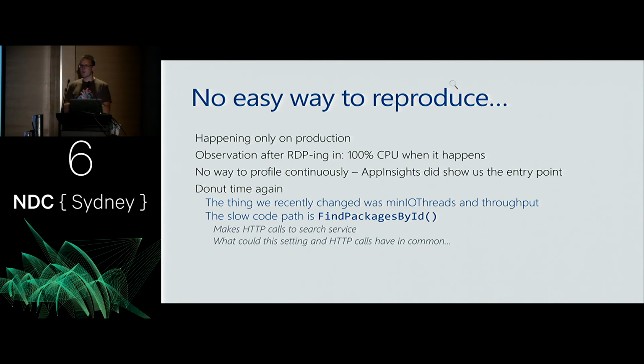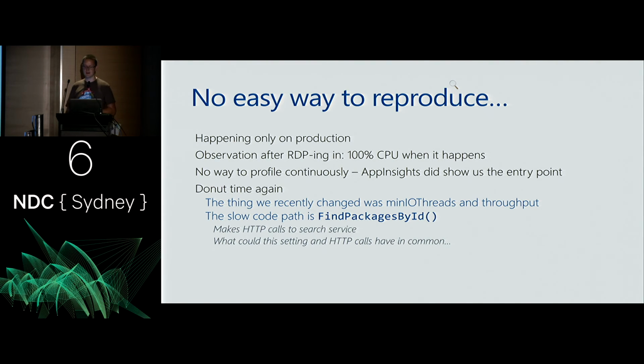So we looked at what we did recently to fix things, and we thought, okay, so we changed this min IO threads value to make sure that whenever requests would come in, IIS would have enough threads available to handle things like database and storage communication. And the slow code path is find packages by ID. So we started looking into what this method actually does.